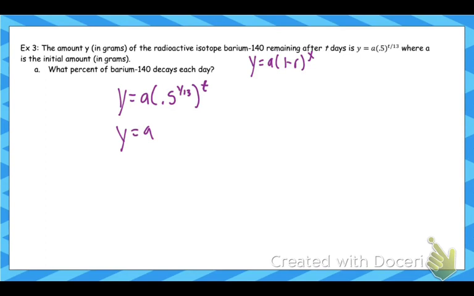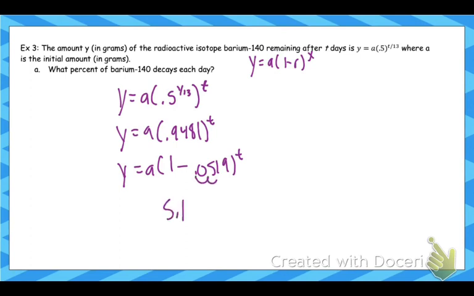If I do that, I'm going to get 0.9481 to the t, which I could then rewrite as 1 minus 0.0519 to the t. Then you can see that the percent decay is the minus part, which is the rate, move it over two places, 5.19%.